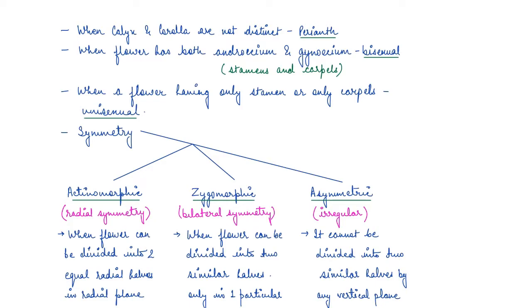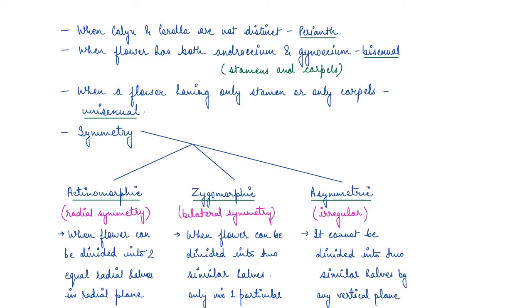But there are certain cases when a flower has both the sex organs, which are androecium and gynoecium, which are basically stamens and carpel or pistil. So such cases are known as bisexual. So these flowers are bisexual. But there are certain cases where only stamen or only carpel or pistil is present. Those cases are unisexual flowers.